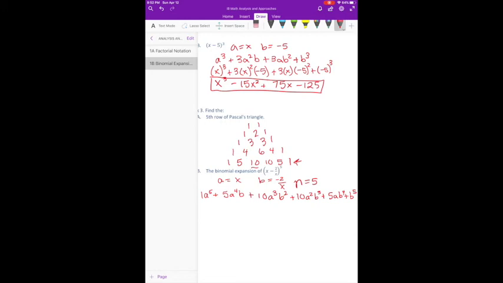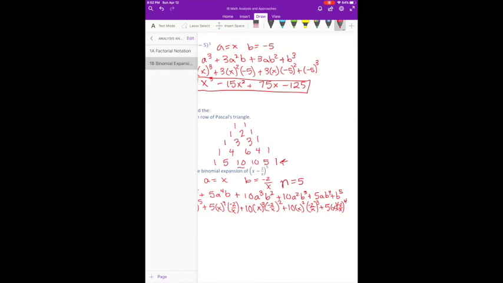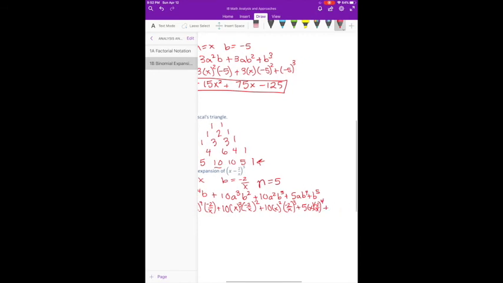So this is going to be x to the fifth plus 5 times x to the fourth times -2 over x plus 10 times x to the third times -2 over x squared plus 10 times x squared times -2 over x to the third plus 5 times x times -2 over x to the fourth plus -2 over x to the fifth. Okay, so that's what we've got there.